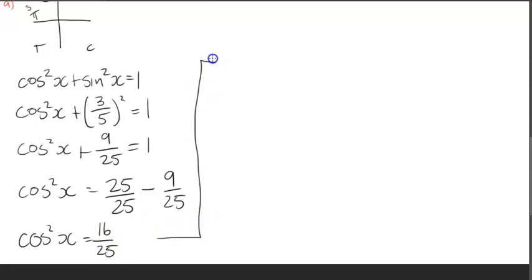So now we're at a point where, because all of this is being squared, we can square root both sides. This will imply that cos of x is equal to the square root of 16 over 25, which is plus or minus 4 over 5, because we can separate that square root on the numerator and the denominator.